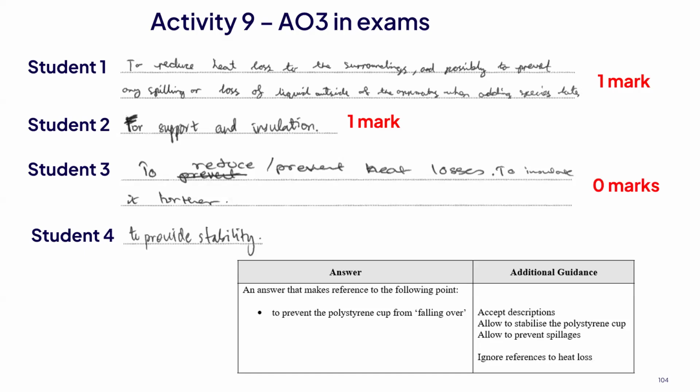So no marks, no mention of stability. And since the polystyrene cup is the subject of the question, this brief response to provide stability is equivalent to preventing the cup from falling over. So 1 mark. Okay, hope you're happy with those.